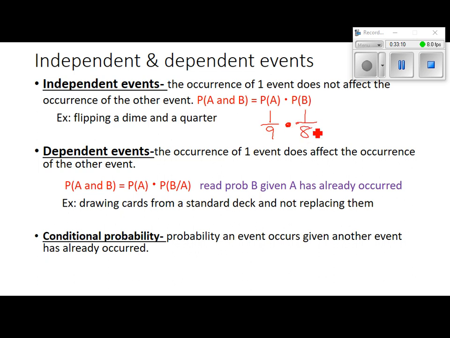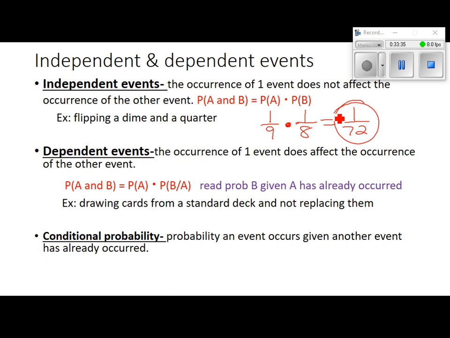If we want to find the probability that I draw those two names, we just multiply them. So the chance of me drawing Clifton's name and Kaylee's name is 1 out of 72. That's if they were independent events, although we just made them dependent on each other.